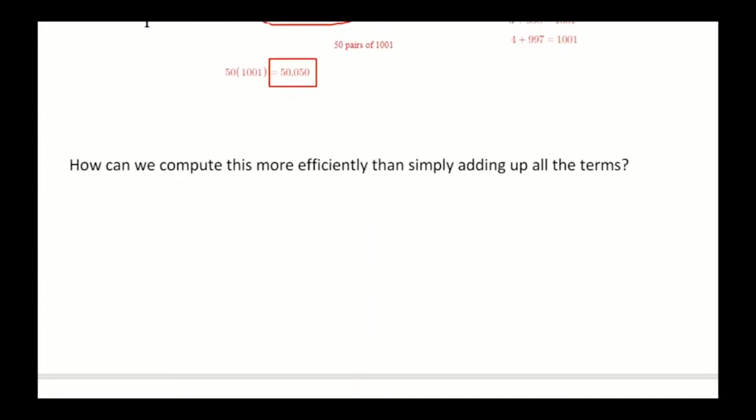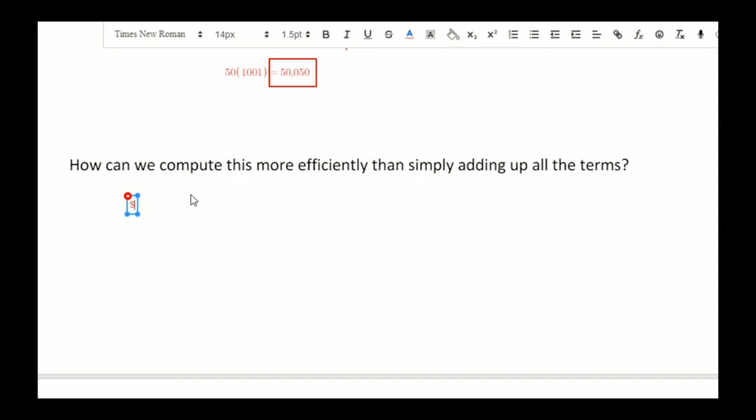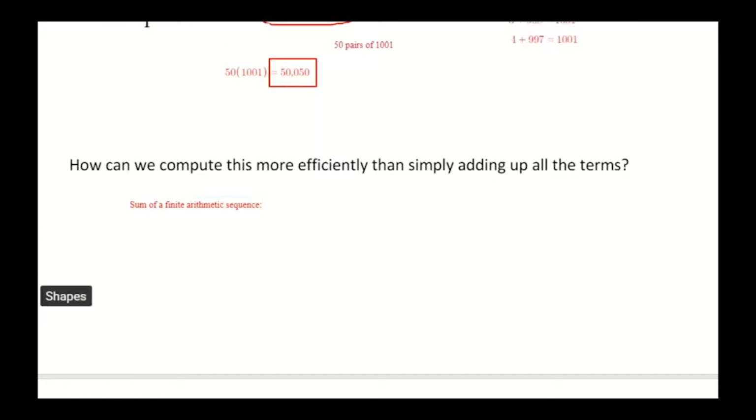Let's get a little more room here to write. So for the sum of a finite arithmetic sequence, written in this form, I'll write a generic version of this.